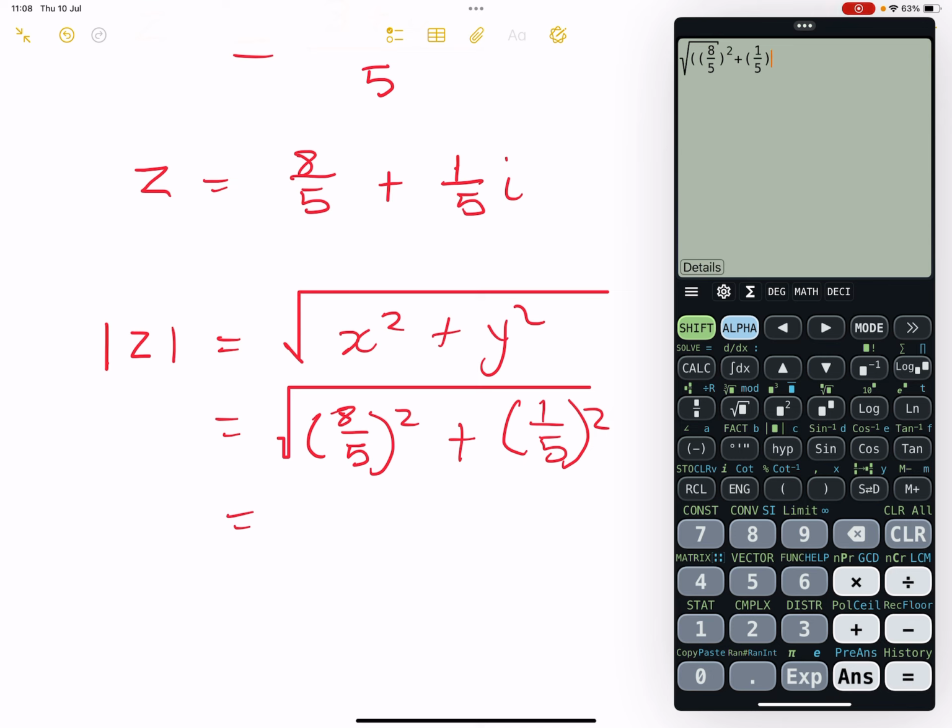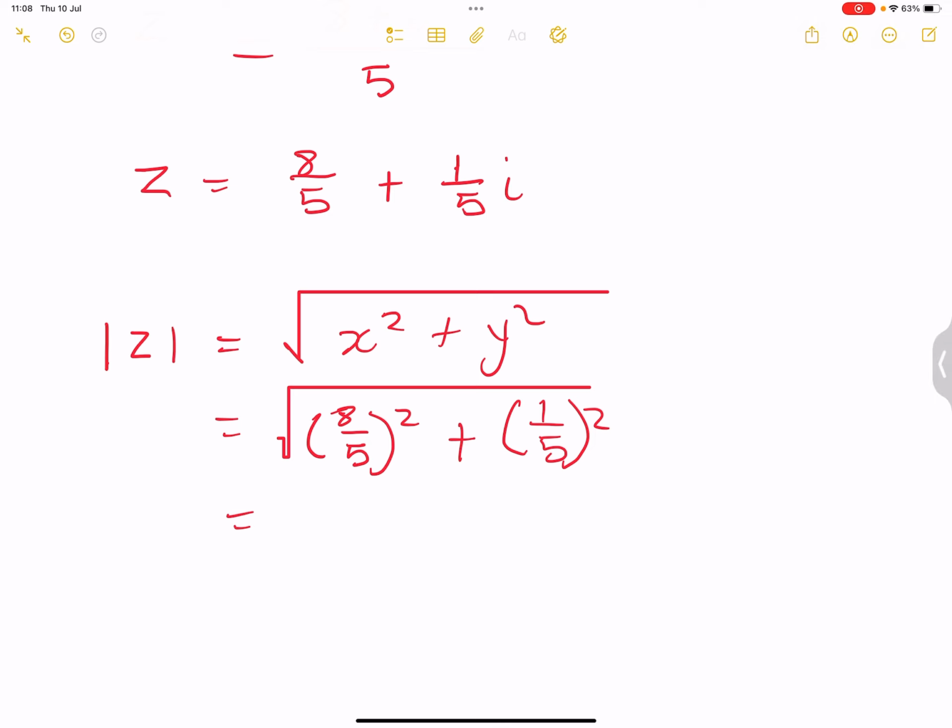Ooh, I'm dragging this so much. Oh, I forgot one set of parentheses. Okay, it says my parentheses are not balanced. Okay, what did I do incorrectly?